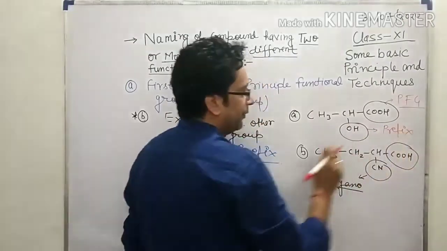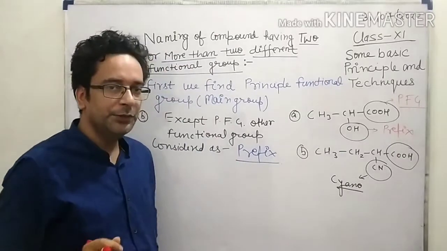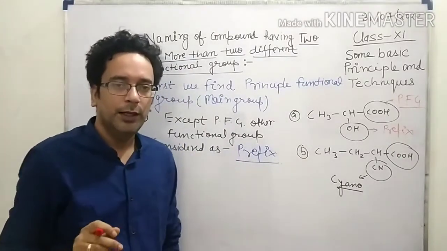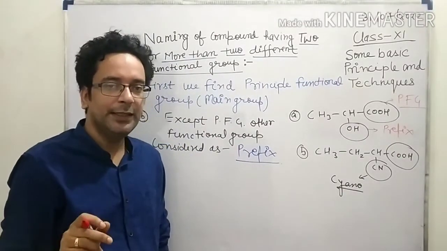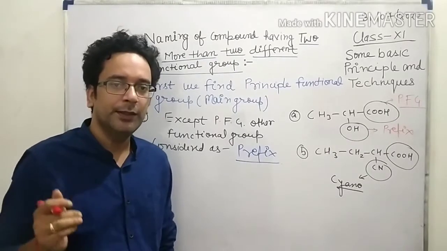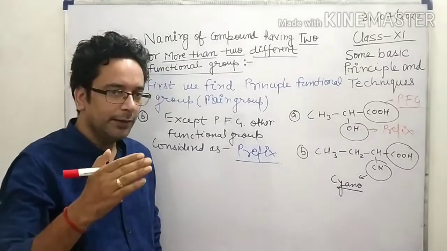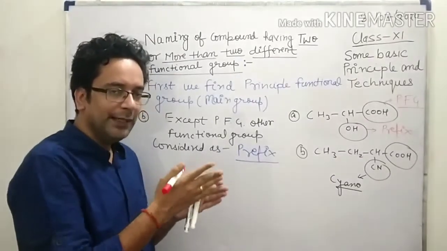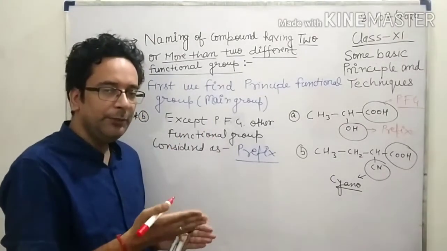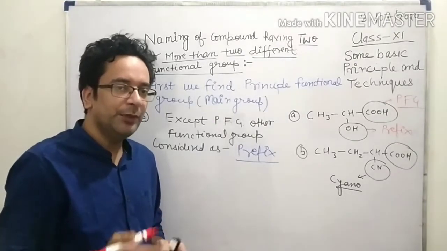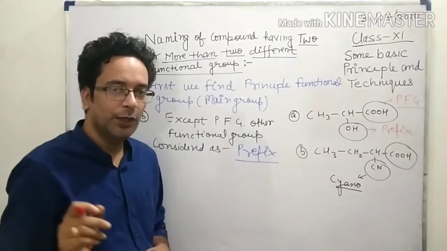Now all of you open the priority table which I sent you in the previous video and see the table in which one side has the functional group, and if the functional group is used as prefix then there is some word.